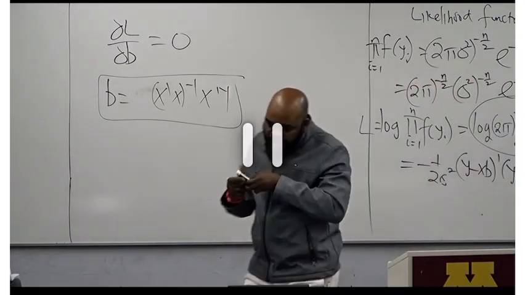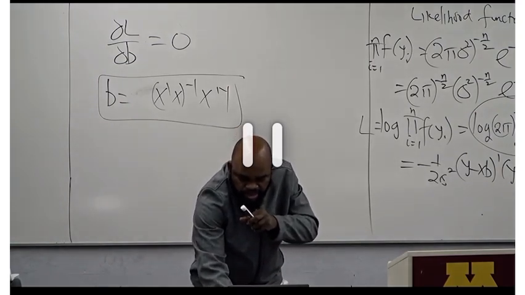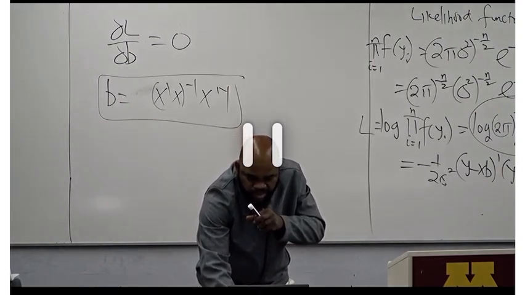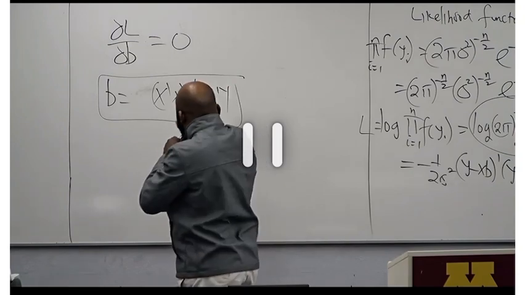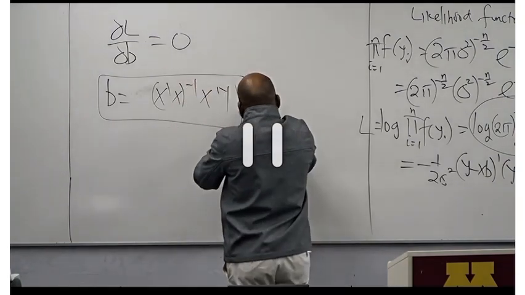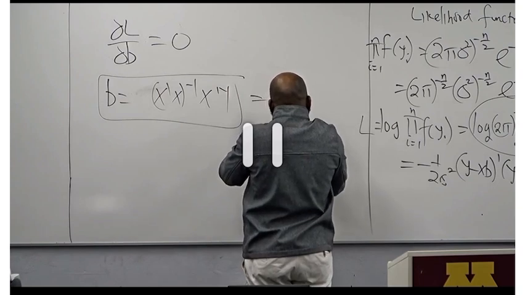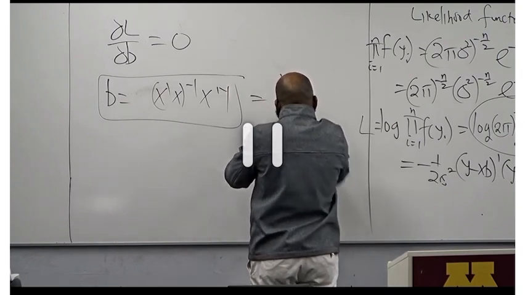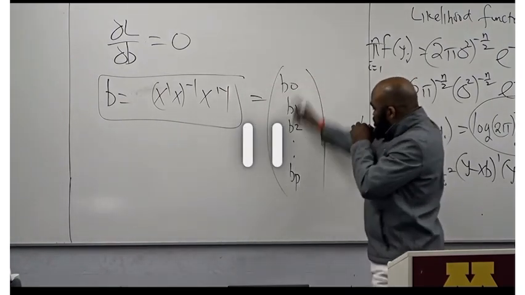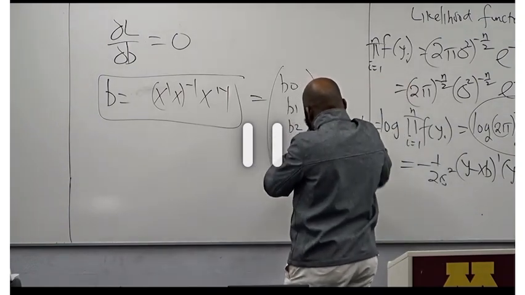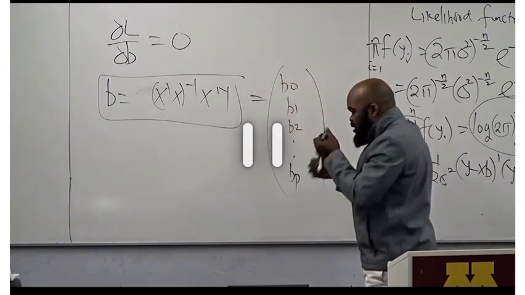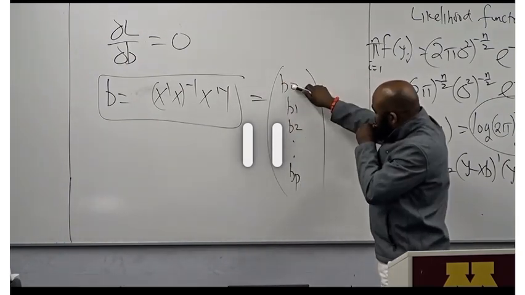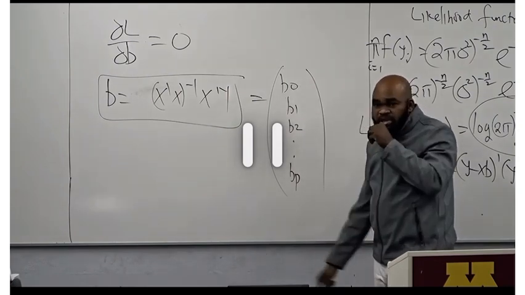Based on what I have right now, this very b that I'm looking for is going to give me b0, b1, b2, until I get bp, which means the number of parameters, including the intercept, is p plus 1.